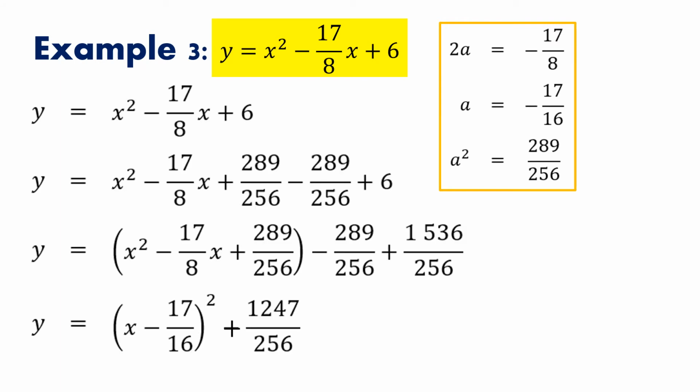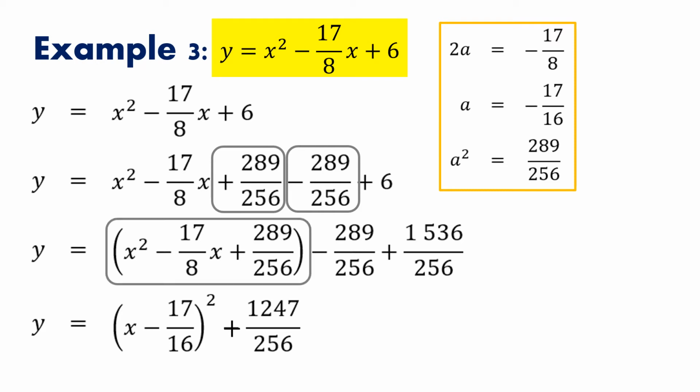We need to add and subtract 289 over 256 on the right-hand side of the equation. Note that x squared minus 17 over 8x plus 289 over 256 is a perfect square, and this can be factored as the quantity x minus 17 over 16 to the second power.